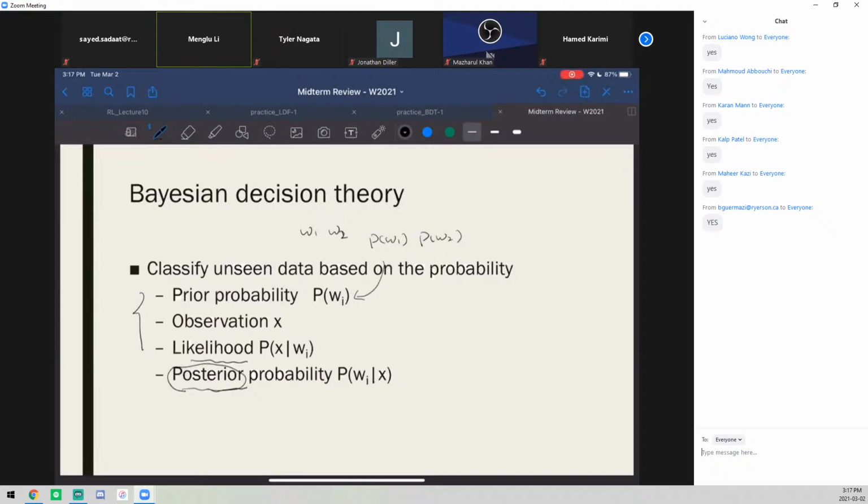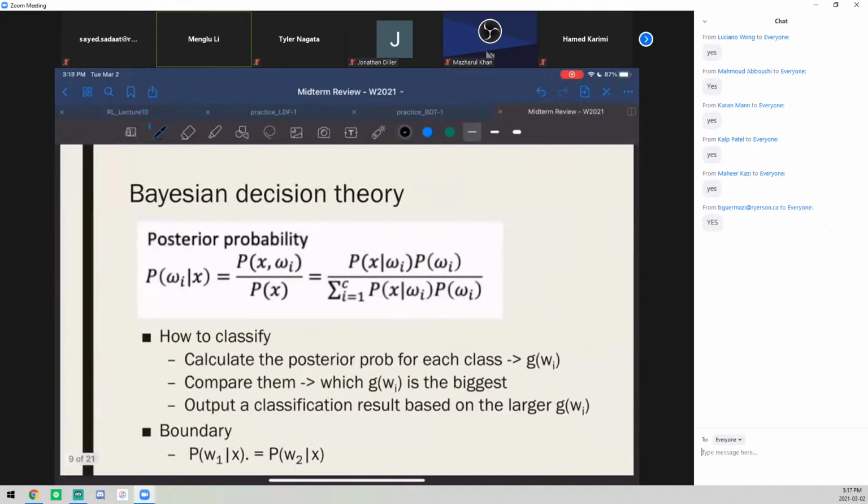Okay, so we can calculate the posterior probability of W1 and W2 given X by the Bayesian decision formula. Because we already know the likelihood and the prior probability, they are always given in the question.